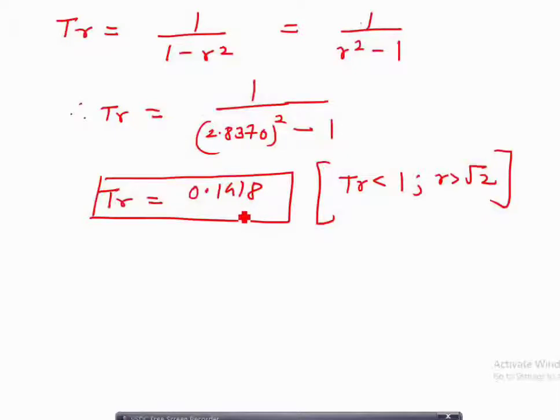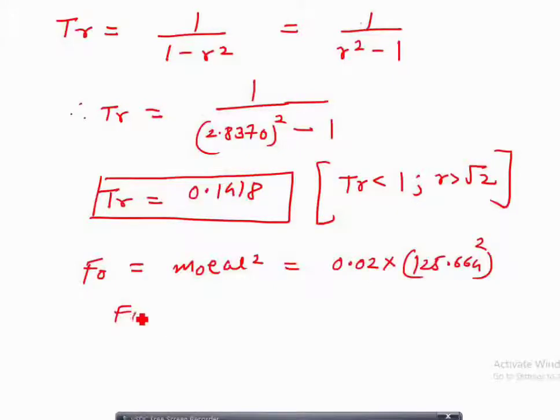This is nothing but the transmissibility, that is the ratio of Ft upon F0. Now we know how to calculate F0, which is equal to MOE into omega square, right? We know MOE is 0.02 and omega is 125.664 bracket square. So let me calculate F0. F0 is 350.828 Newton.